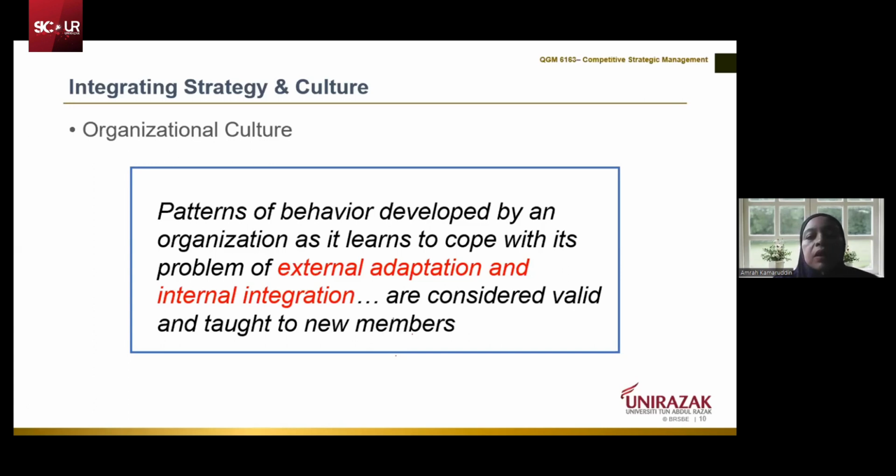The pattern of organization behavior developed by an organization as it learned to cope with its problems of external adaptation and internal integration. So if you have a very good culture, then whatever abnormalities, for example the hiccup during the MCO, when the company faces turbulence or any problem, they try to be strong.